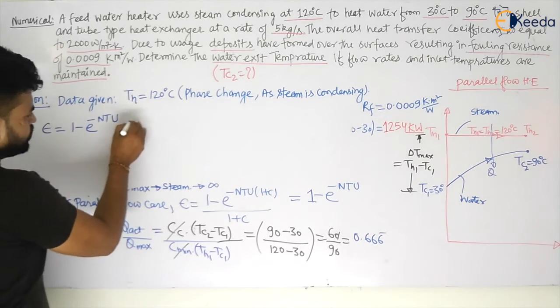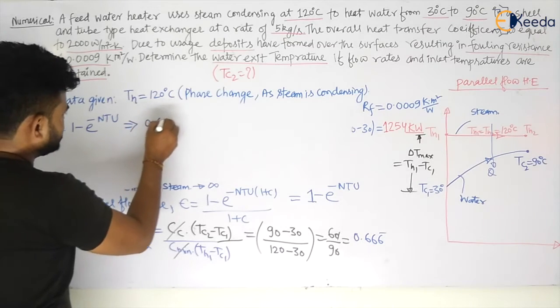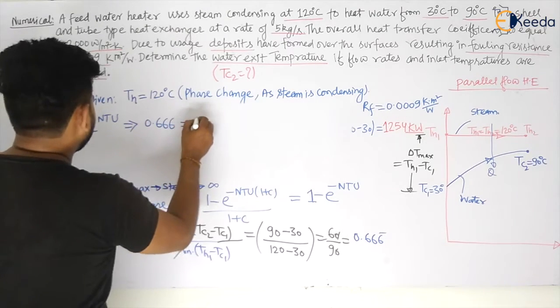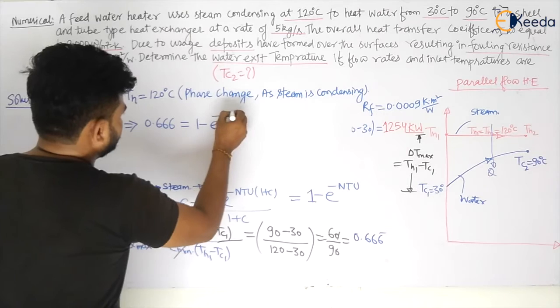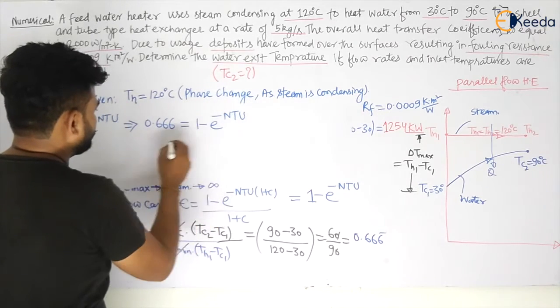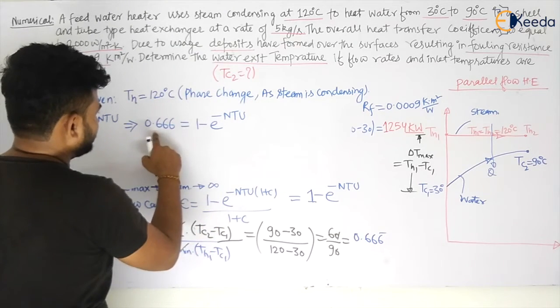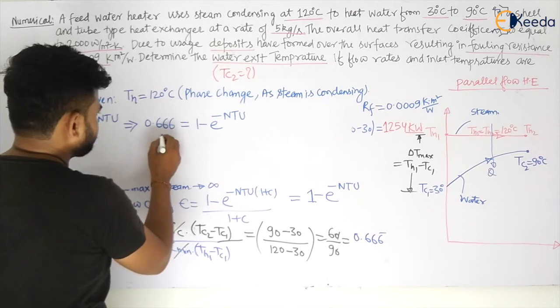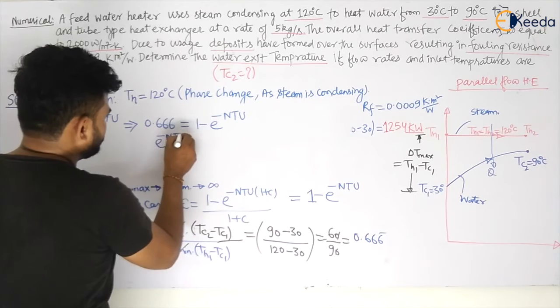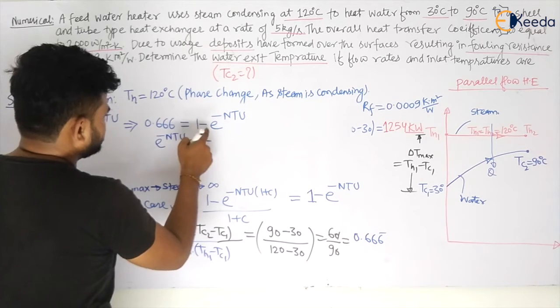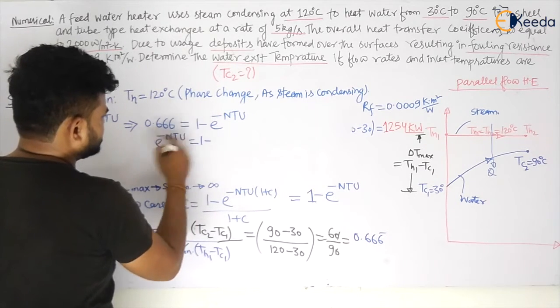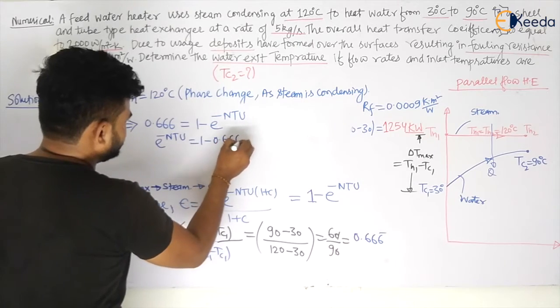Yes or no? So E is equal to 0.666 is equal to 1 minus e to the power minus NTU. We want to calculate NTU, so I will take this side and this side. This will become e to the power minus NTU is equal to 1 minus 0.666, my dear students.